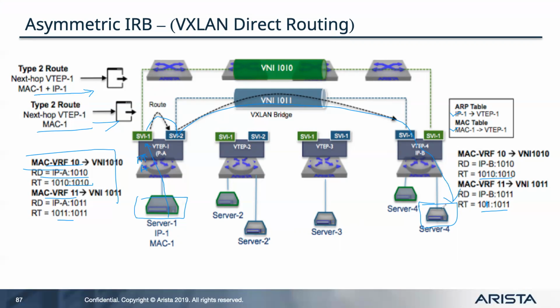The reverse packet comes to the gateway of the blue VLAN, you route it blue to green, check the ARP and MAC of the destination, and forward it directly to the particular VTEP. This is how the packet flow works in asymmetric IRB or even in VXLAN direct routing.